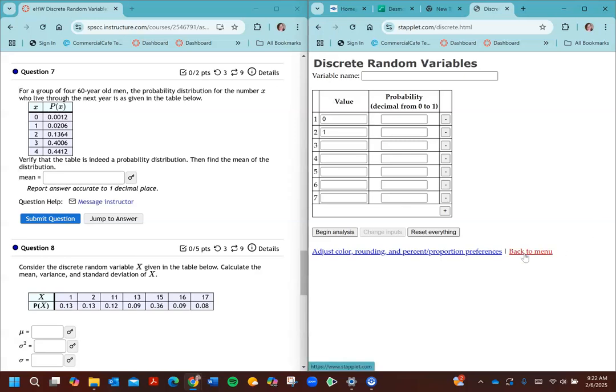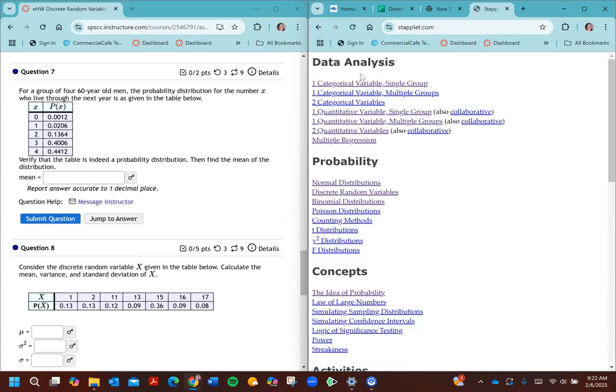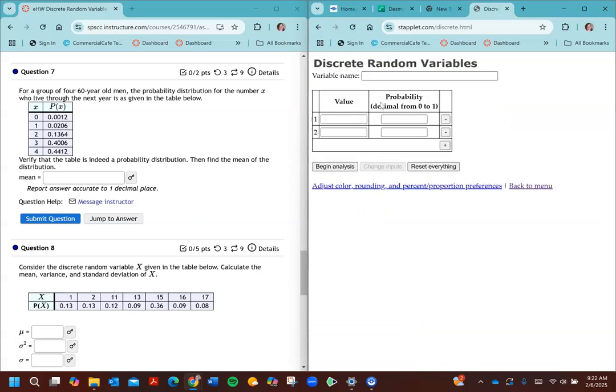First, I want to show you what I'm using, actually, which one. So in Stapplet, if you look at data analysis, and then underneath that is probability, and then normal distributions and discrete random variables. So we want to choose discrete random variables, and then you add your data in, or just type it in.